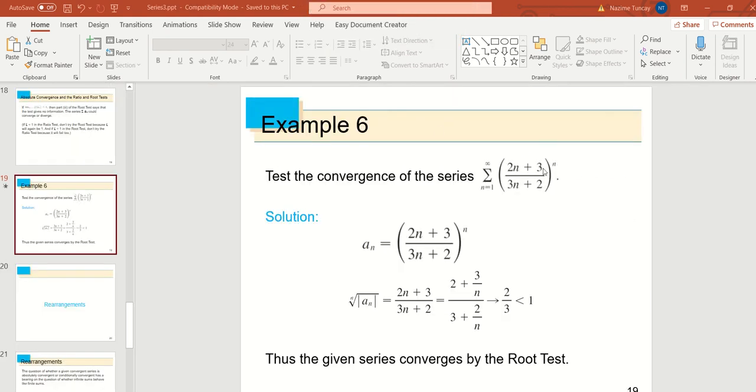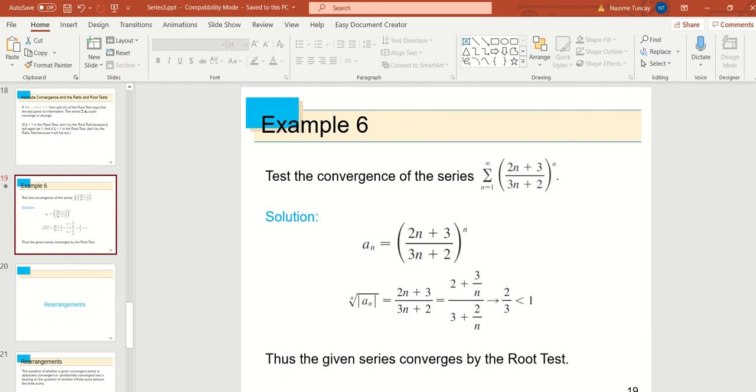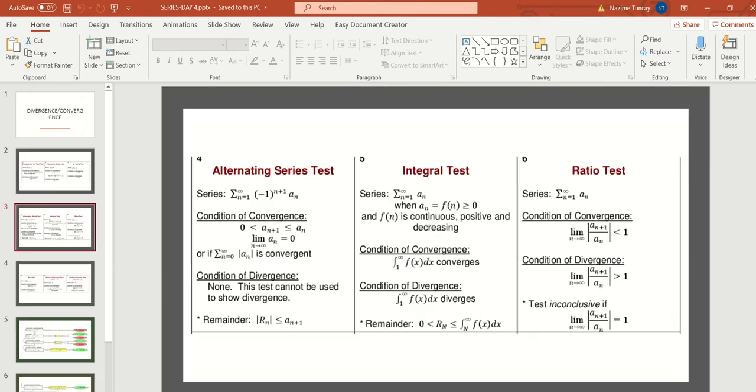In this example also, this is a to the n. You can think of this as a. So it looks like we can apply the root test here. It starts from 1 to infinity.